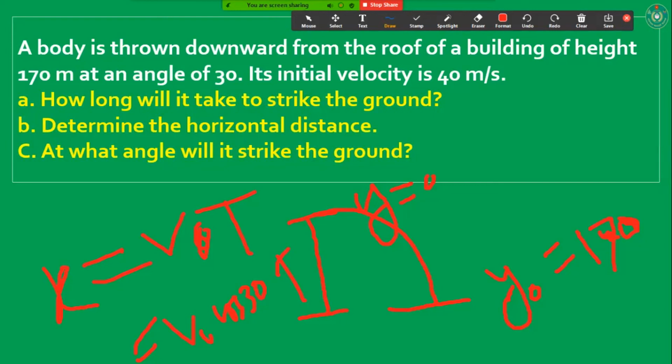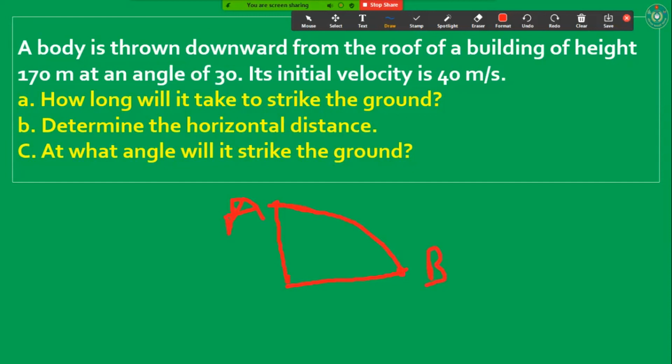See the image. Let us suppose you are throwing this ball at this position, and after some time it will touch at point B.